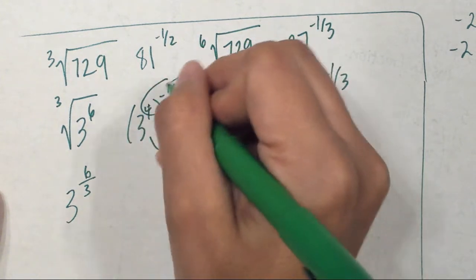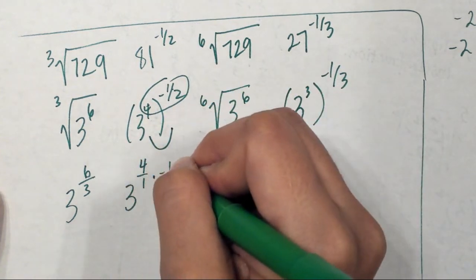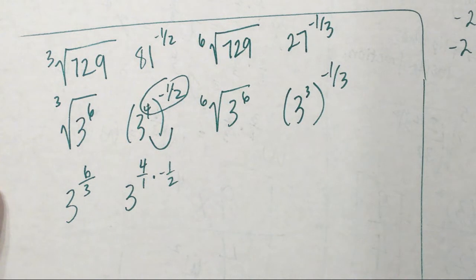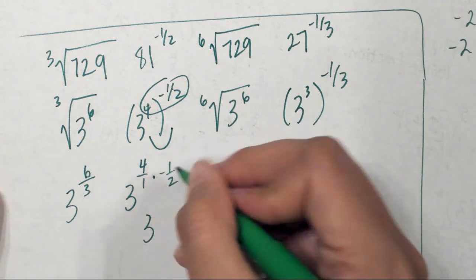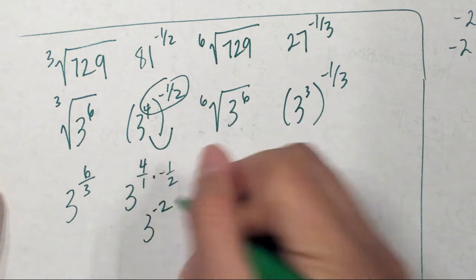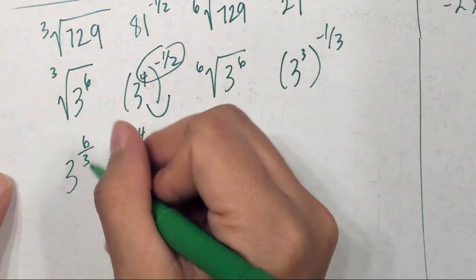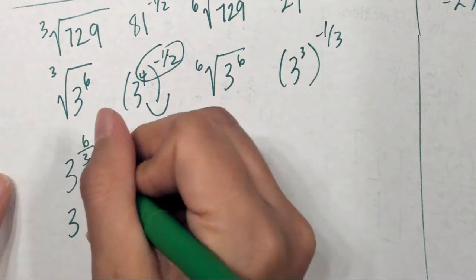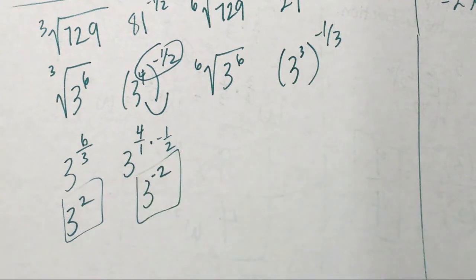So I'm going to multiply the eyes. So I have 3 to the 4 over 1 times negative 1/2. That gives me 3 to the half of 4 is 2, so negative 2 power. Oh, and then 6 divided by 3, I forgot to reduce that. That is 2. So I got this one first, then this one.